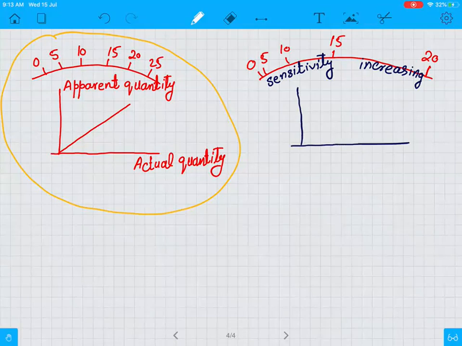For this device, the calibration curve would be, this is apparent quantity, this is actual quantity, and as you see the divisions are getting bigger, the graph will bend towards the apparent axis. Simple as that.